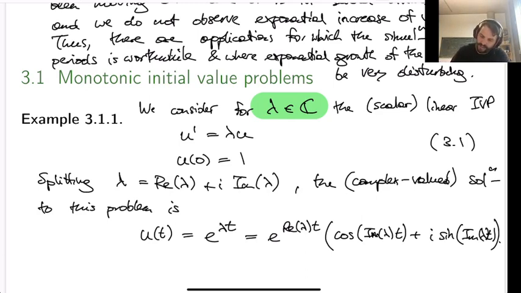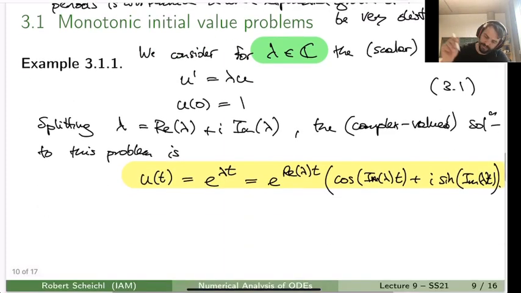Now we can study the behavior of this very simple model ODE. We see that there is an exponentially growing or decreasing part and an oscillatory part that doesn't grow or decrease in size.